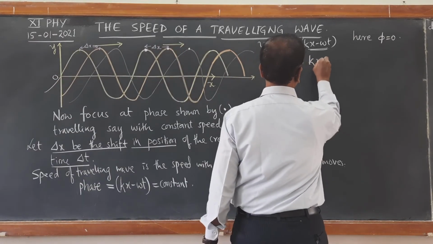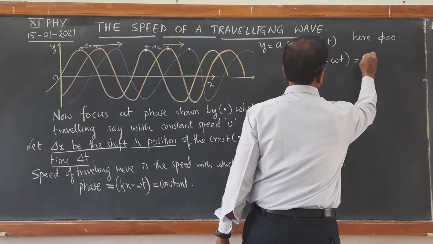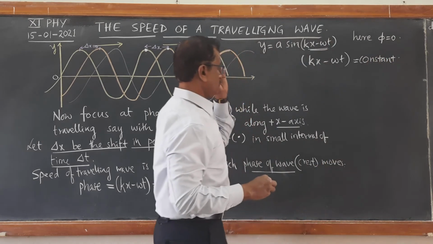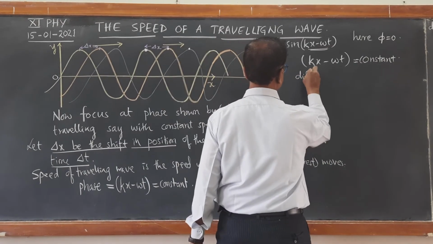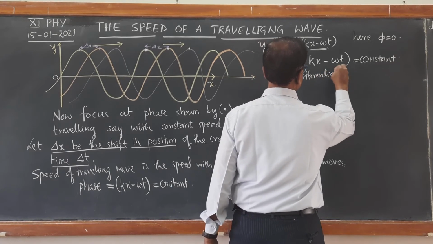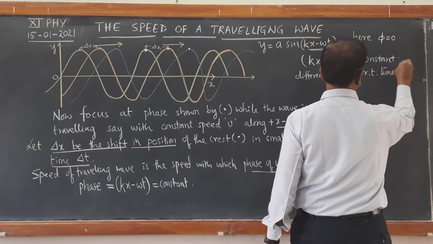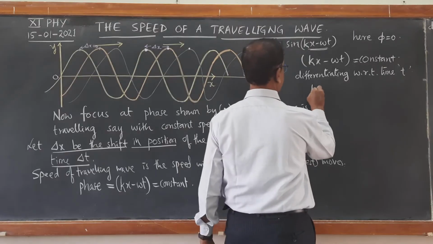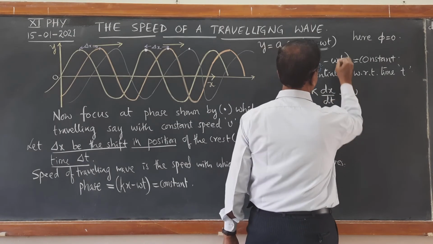Here kx minus omega t is equal to constant. Now differentiating with respect to time t, k is constant and omega is constant, so it becomes k dx by dt minus omega dt by dt.